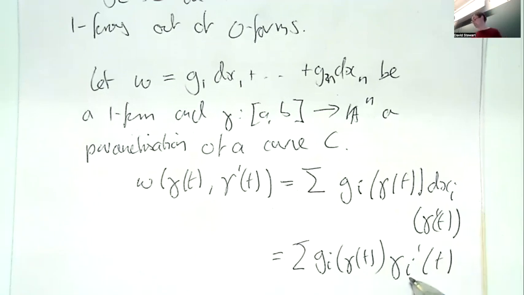So it just picks out the ith coordinate of that vector.